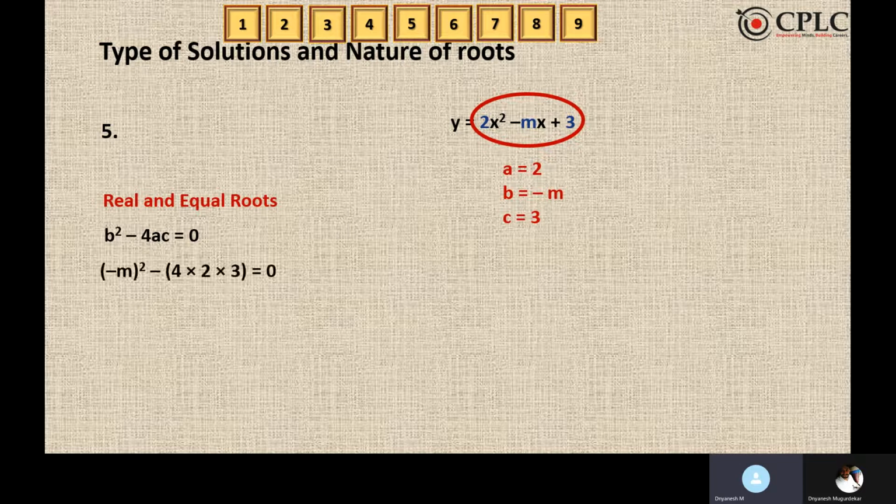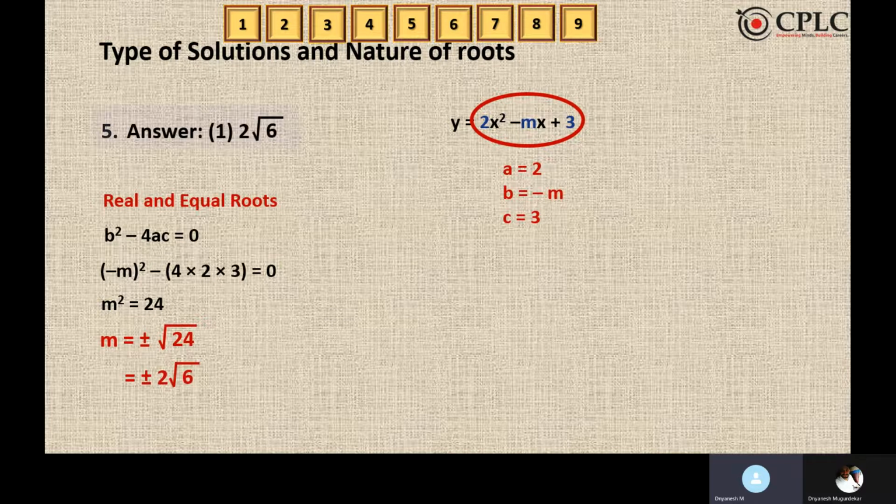Then just simply substitute and solve. That gives you the answer that m is root 24. Root 24 when simplified further gives 2 root 6 as the answer. So option 1 for the fifth question. Just remember all these formulae, concepts and conditions very clearly so as to apply them effectively.